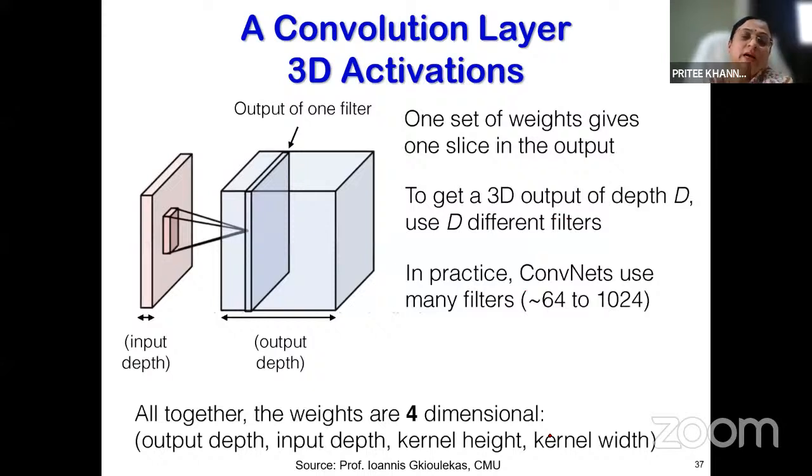So when we talk about this layer, there are four things: what is the output depth, what is your input depth, and what is the size of your kernel or filter. So the size of the filter, the size of the input, and then your output depth, basically how many filters you are using.